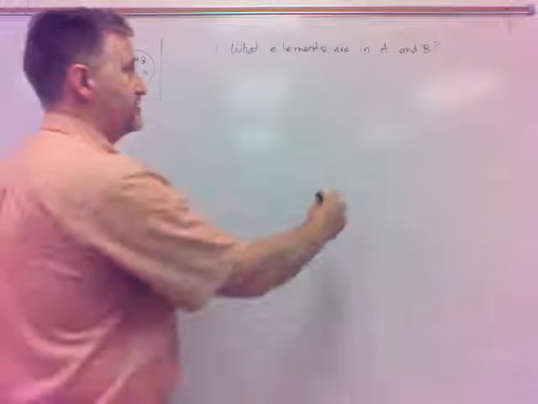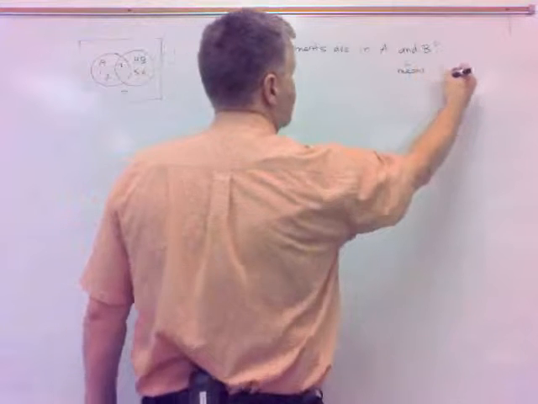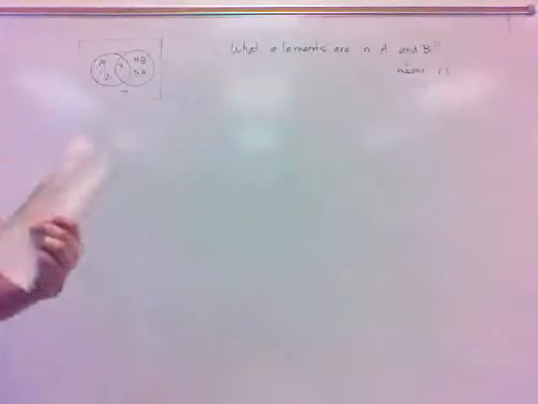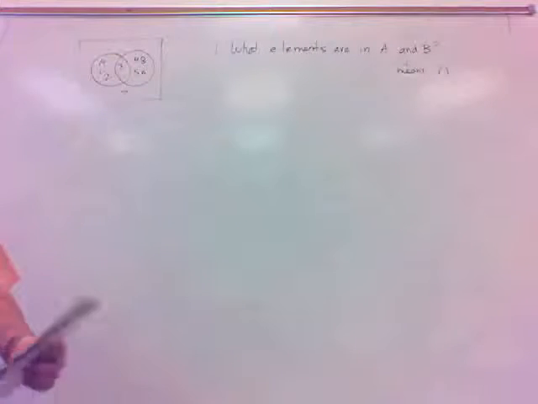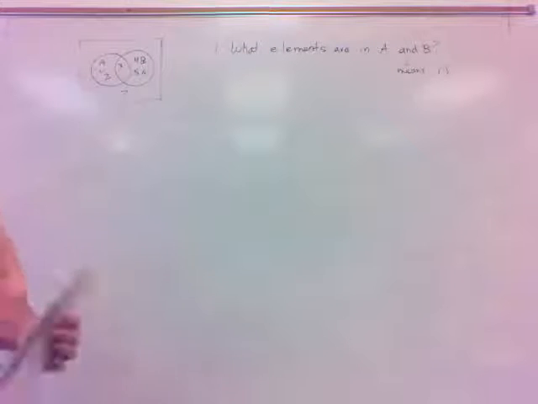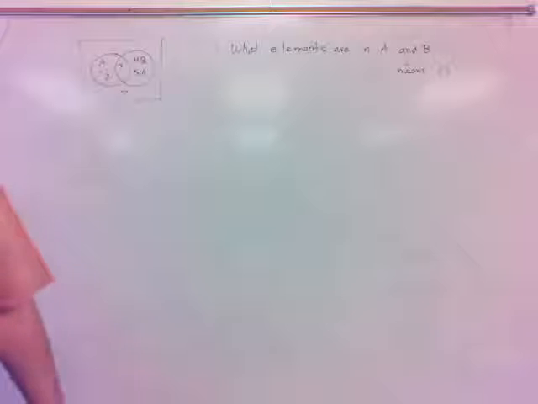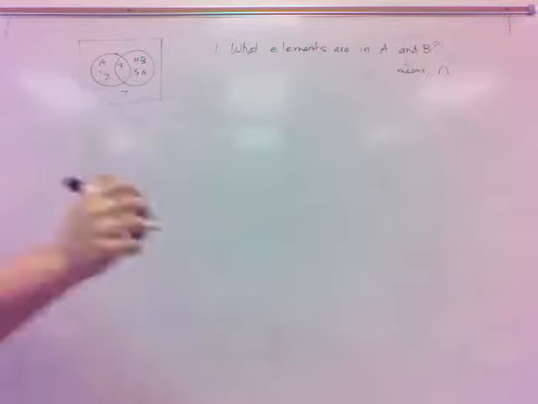And means the intersection. When I'm asking what elements are in A and in B, I'm asking what elements happen to be in both A and B, in other words, what's in the intersection. There's only one element in the intersection, and that would be element 3.